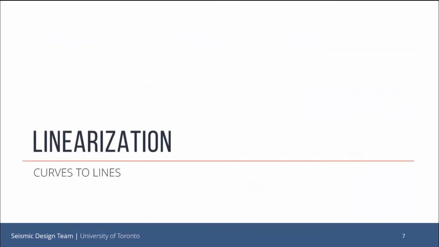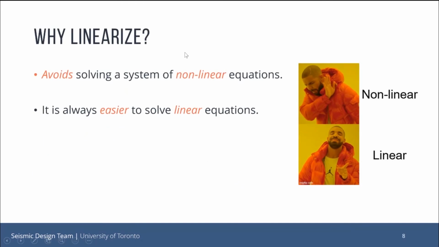All right, so let's get into linearization. Why do we want to linearize systems? I think the simplest reason is linear systems are always easier to analyze compared to nonlinear systems.